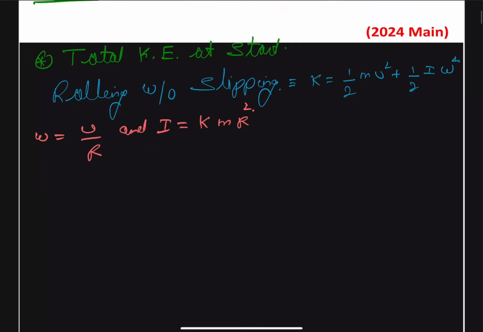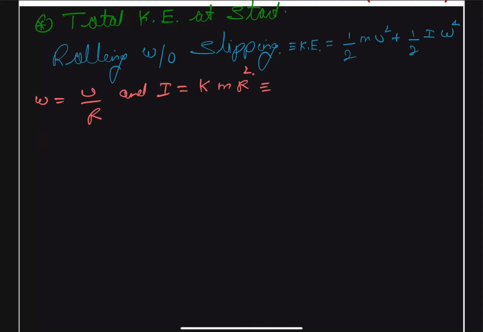So if we substitute both these values, we get, let me write this kinetic energy as KE. And therefore we can write that our kinetic energy will be equal to half m v square plus half, and in place of I we can write km r square, and omega is v upon r, whole square.